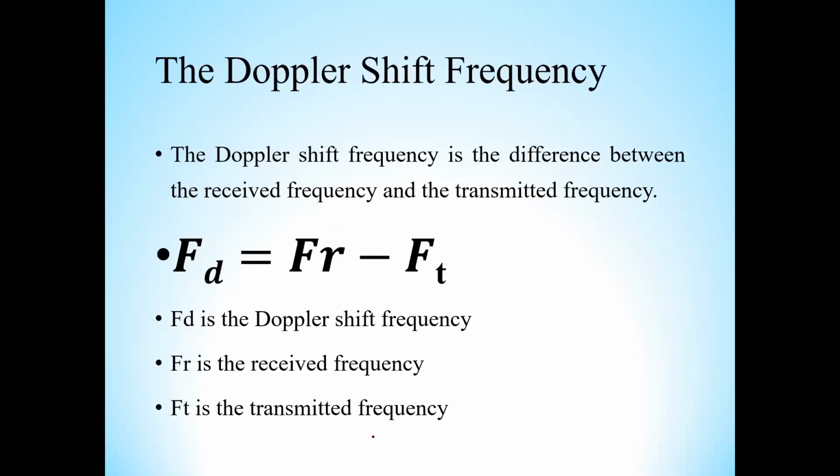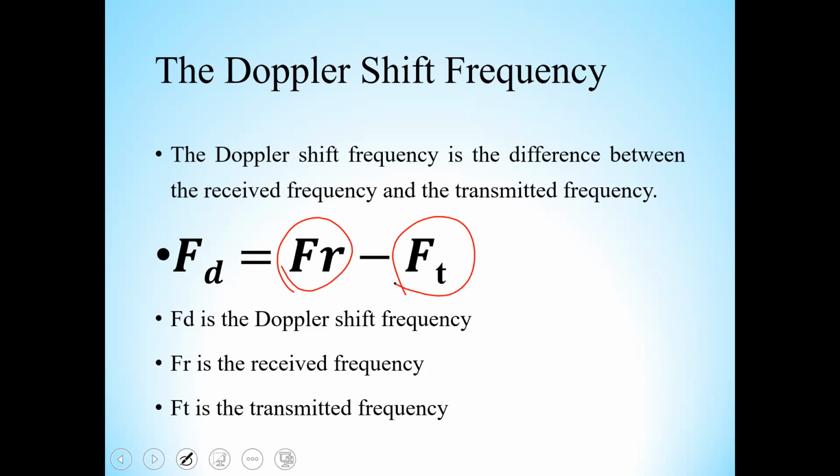The Doppler shift frequency will now be mathematically represented as Fd is equal to Fr minus Ft. So here by Fr we mean the receiving frequency and Ft is the transmitted frequency.